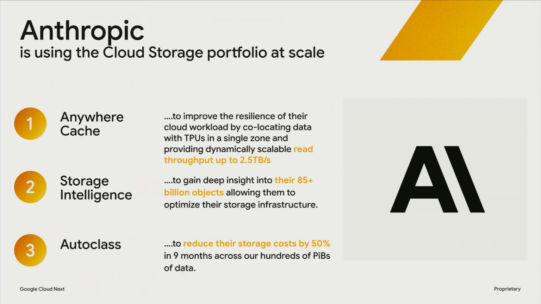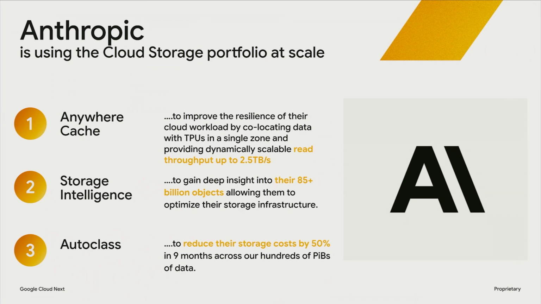They also have been using storage intelligence pretty much for all of their data assets. This has allowed them to get insight from 85 million objects that they have, and manage those objects very easily. There's another capability I have not spent the time talking about. It's called Autoclass.